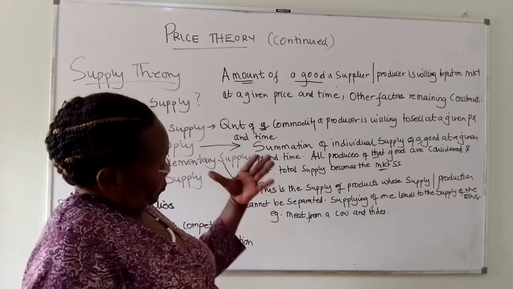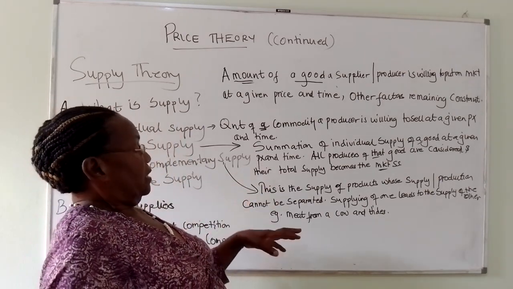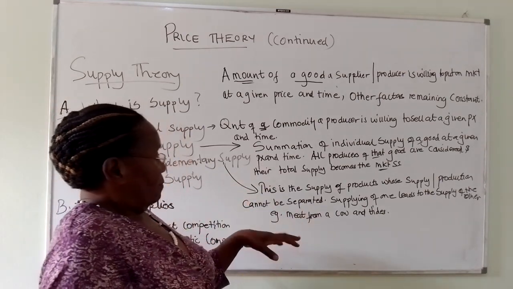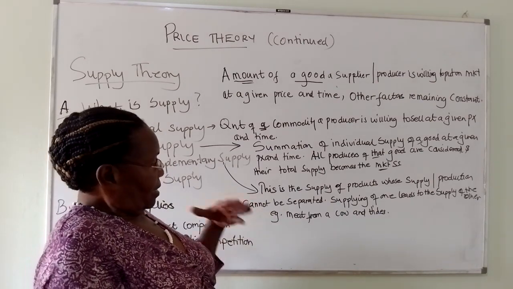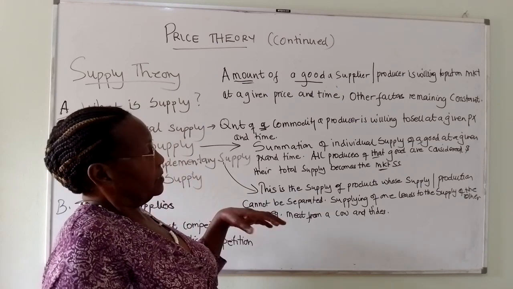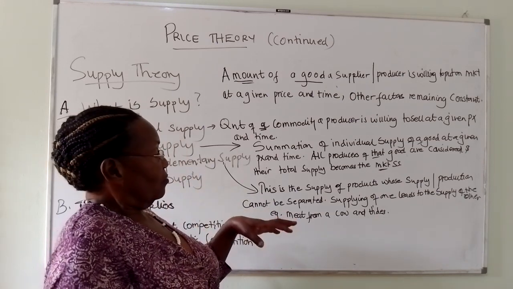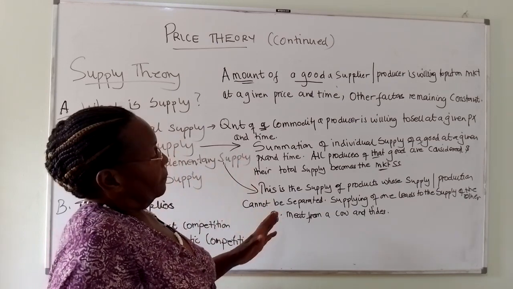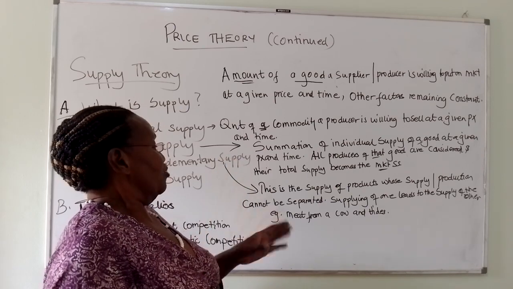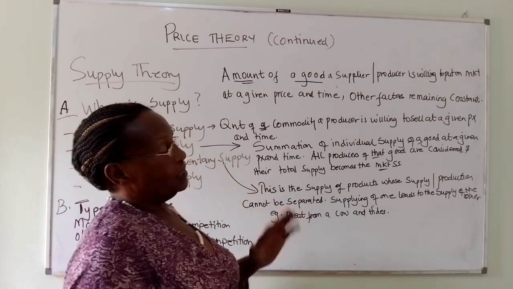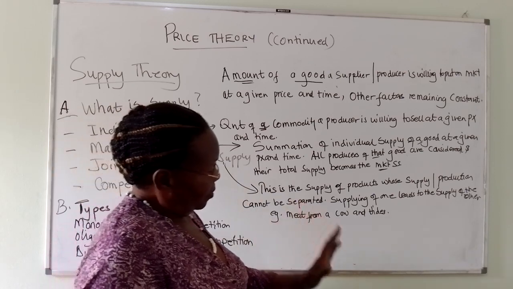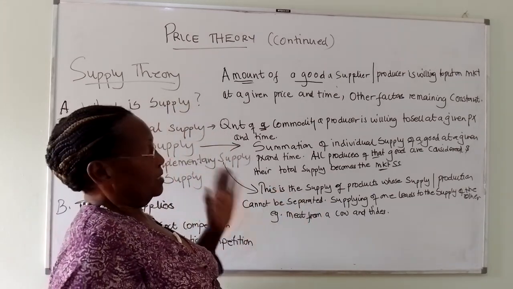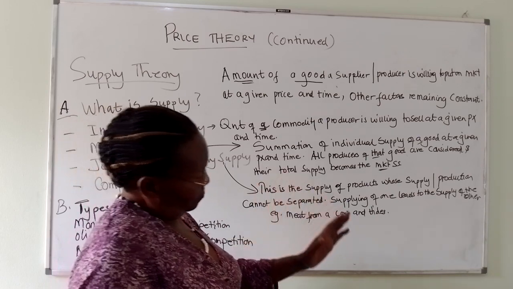The moment you kill the cow, definitely hides have to come out, and the meat also has to come out. You can't say, for me, I'm going to be supplying meat, and the hides will not appear. Never. The hide will appear whether you want it or not, though the consumers are not the same. The buyers of meat are not the same as the buyers of hides, and the functions of meat are not the same as the functions of hides.